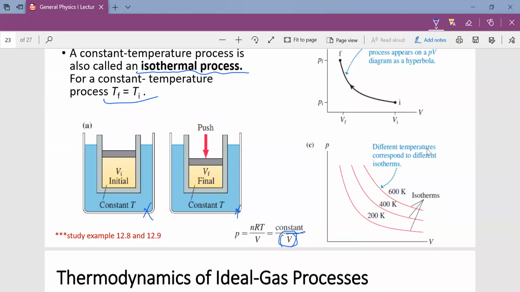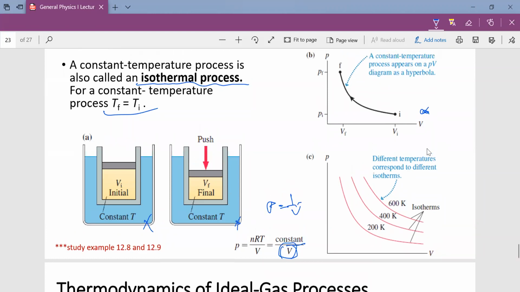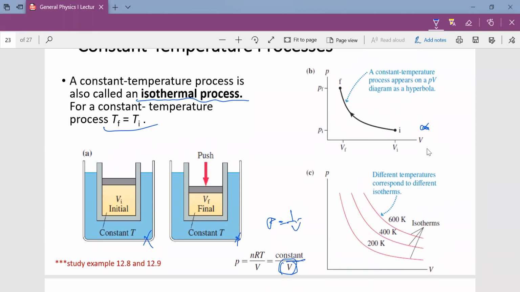So you see that pressure in such a system is inversely proportional to V. And that is why we have the hyperbola curve here, to show the curve that stands for inverse proportionality.